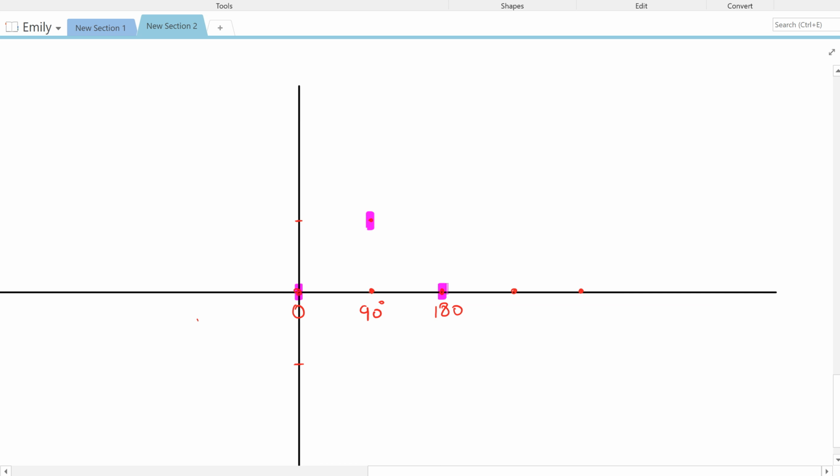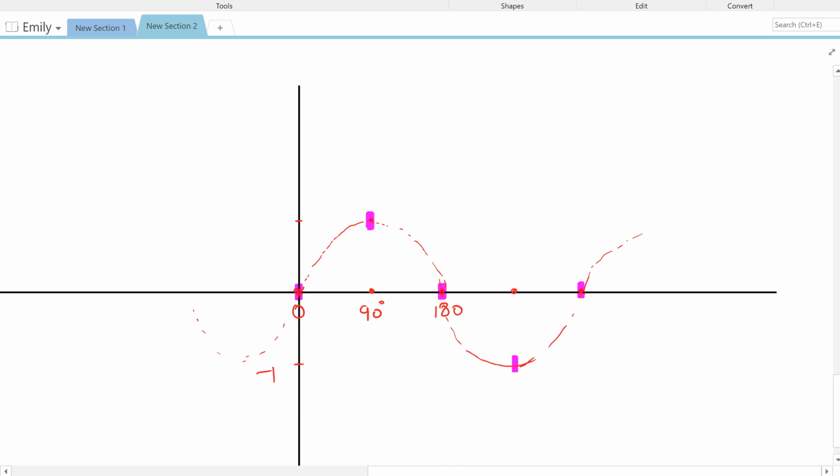These are the main points, and that's going to give you negative 1 there. So your graph starts from there and goes all the way up, comes down, and keeps going like that.